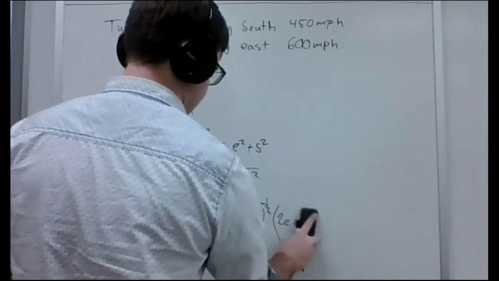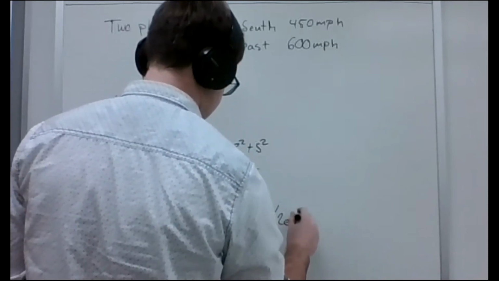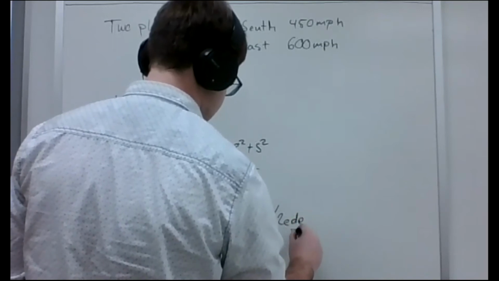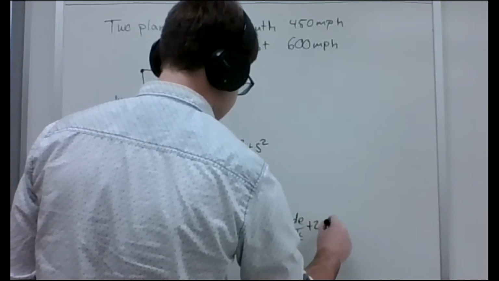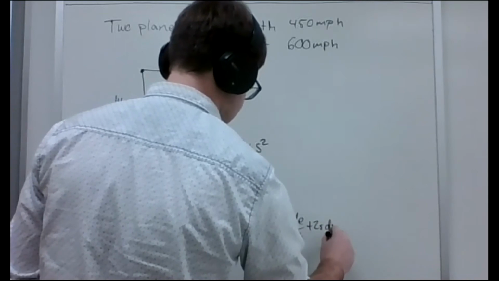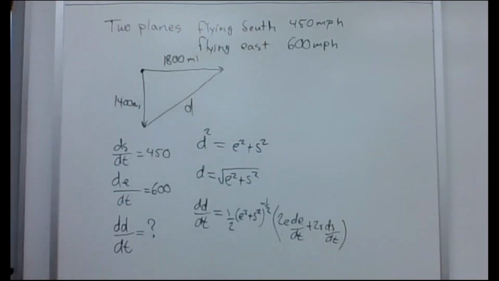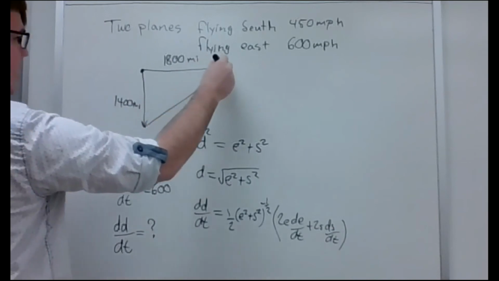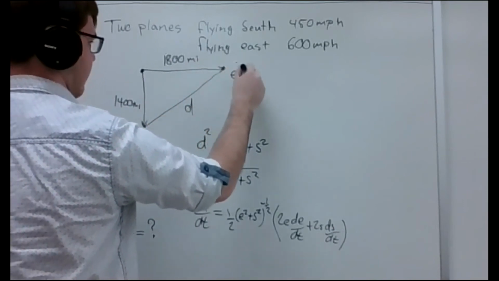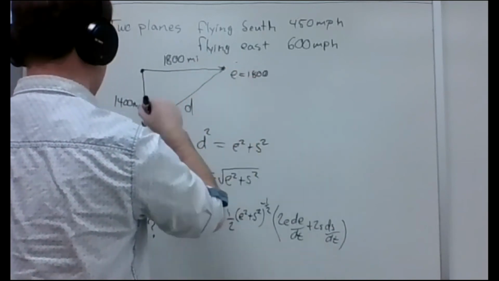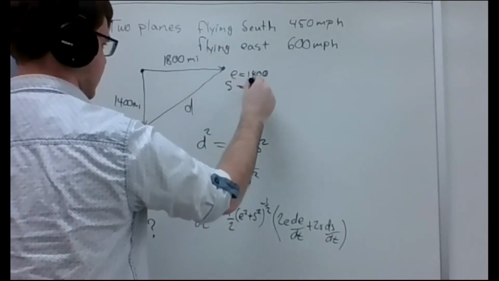This is where we have to remember our dE dt and ds dt. All right. And then it's simply just plugging in our numbers, because we know that at this point our E equals 1800 and our S equals 1400.